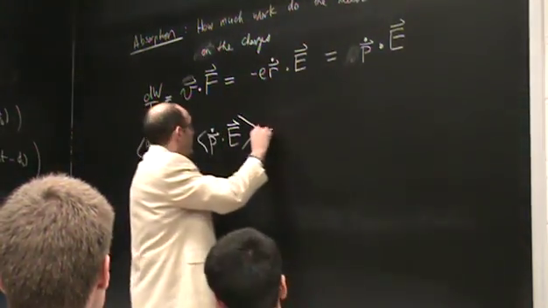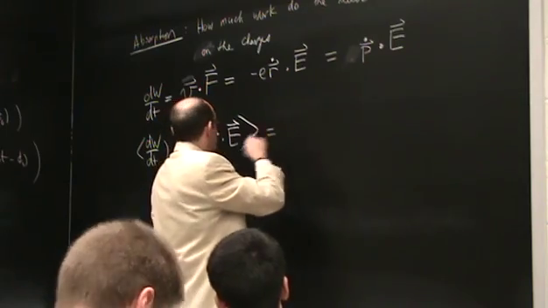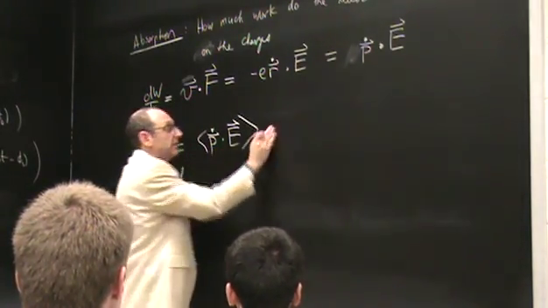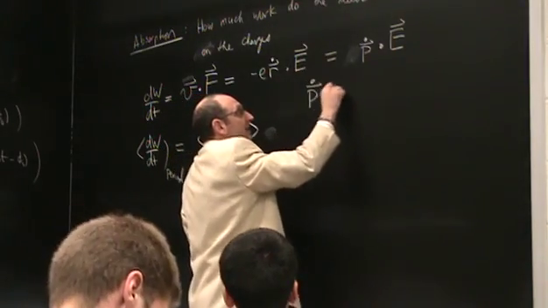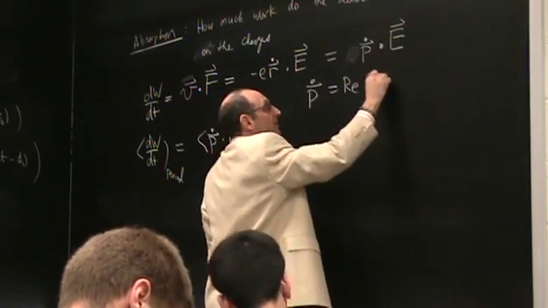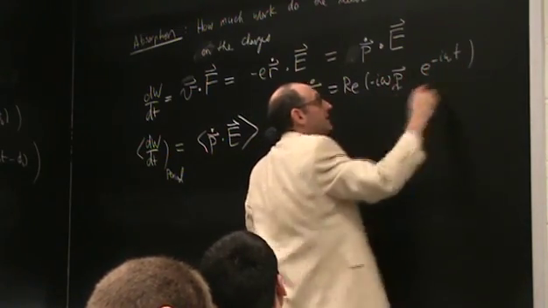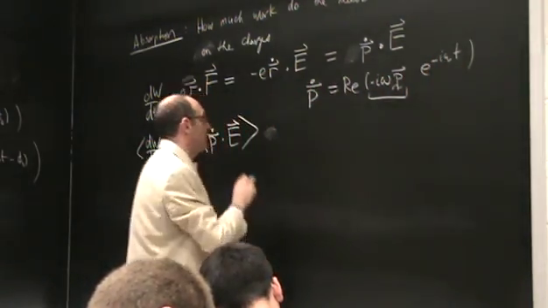So first of all, we have to express this in terms of the complex amplitudes. So P dot is the real part of minus i omega P twiddle, e to the minus i omega t. So this is the complex amplitude of P dot.